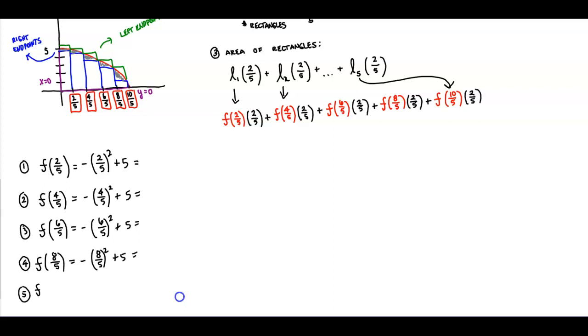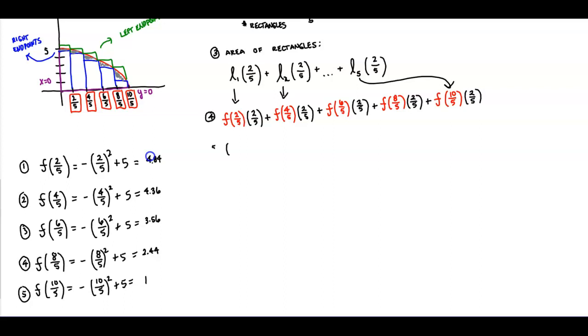And the last one is f of 10/5, which is equal to negative 10/5 squared plus 5. So plugging those into our calculator, rounding to 2 decimal places, we get 4.84, 4.36, 3.56, 2.44, and then 1.